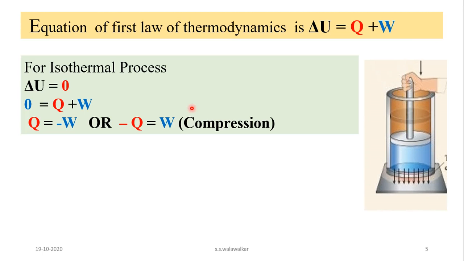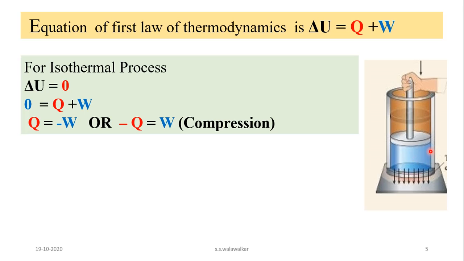See here, suppose this is the initial state, and gas is enclosed in this cylinder, with the temperature of the system constant. This is the initial volume of the system. Now if the surroundings do work on the system, then what happens?